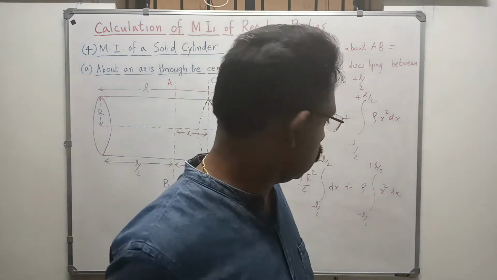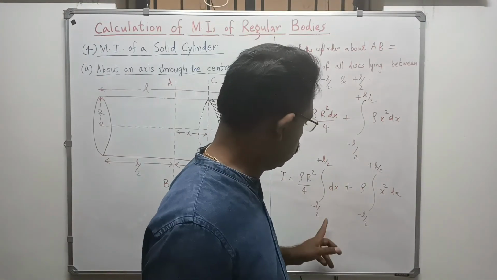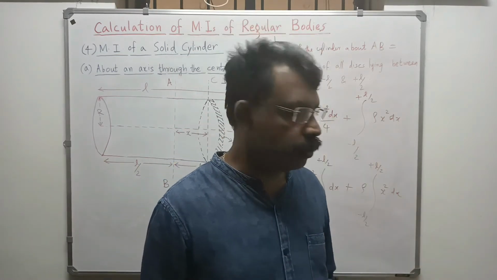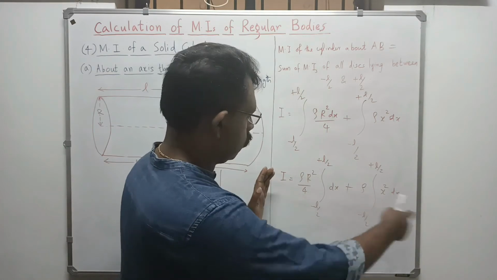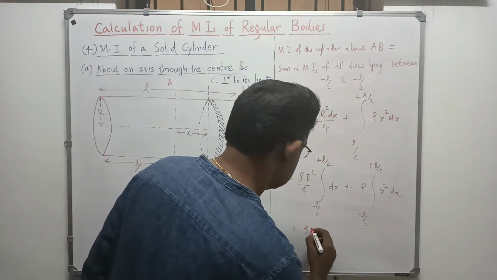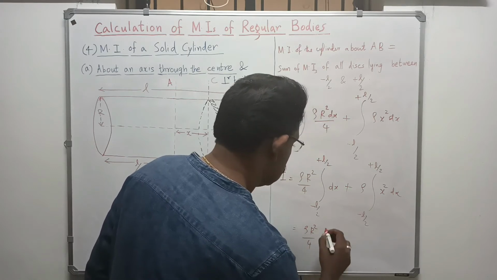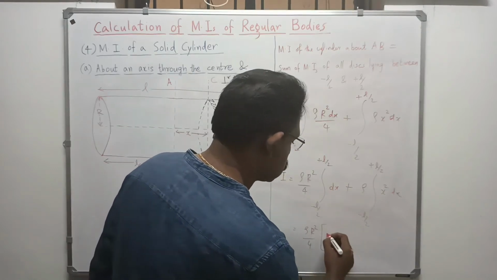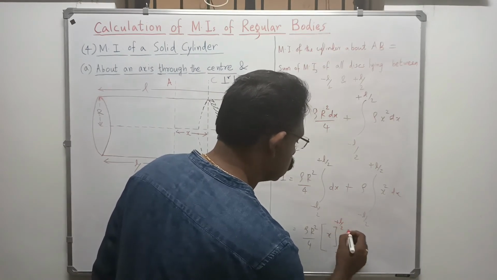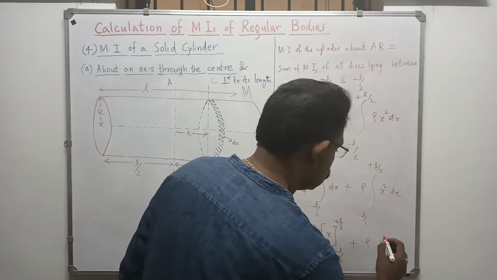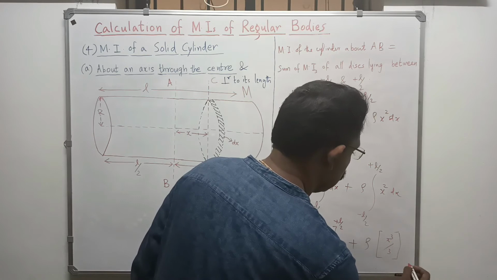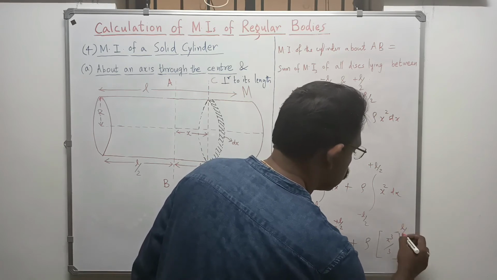Now we know that the integral of dx is x. Then you apply the limits. The integral of x squared dx is x cubed by 3. Apply the limits. Then you will get the equation we are looking for. So this is rho r squared by 4 times x from minus L by 2 to plus L by 2, plus rho times x cubed by 3, then apply limits minus L by 2 to plus L by 2.